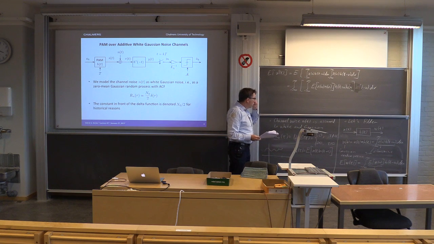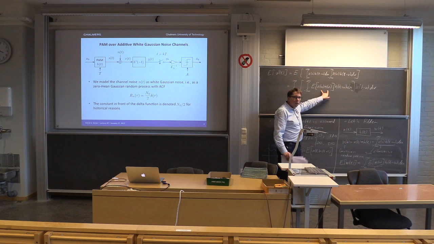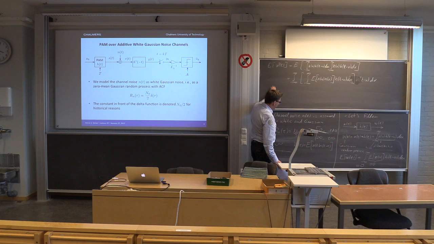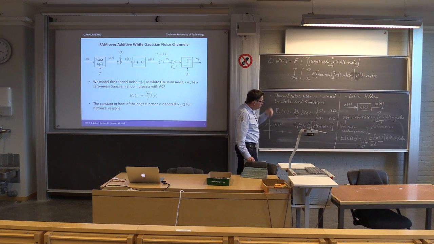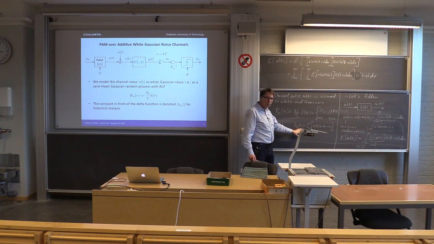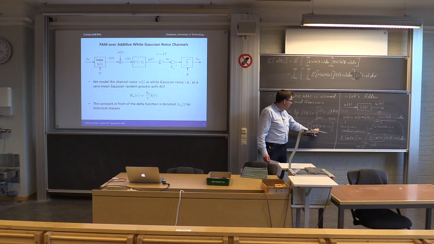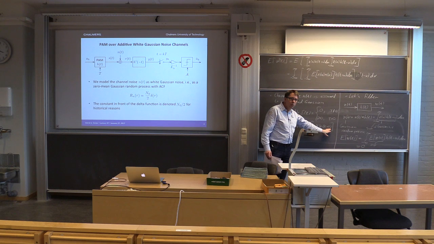Okay. So what we want to do now is to look at this thing here. Do we know anything about this expression, the expected value of n(u) times n(v)? We know something about this one, the autocorrelation function, which is the expected value of n(t) times n(t plus tau).